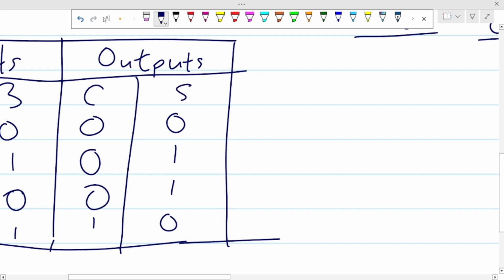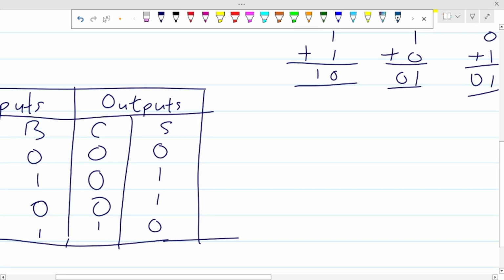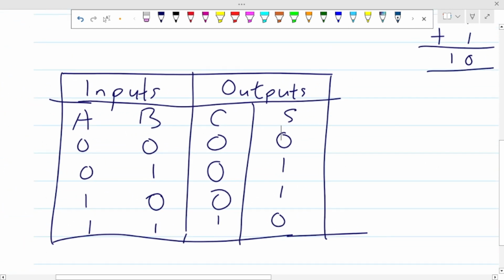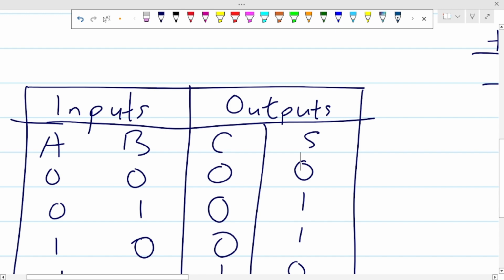Okay, manageable. So now it looks more like what we have here. Better. So this is our truth table for our half adder.